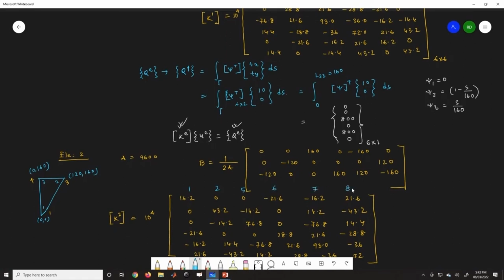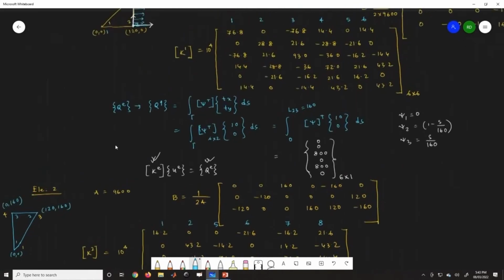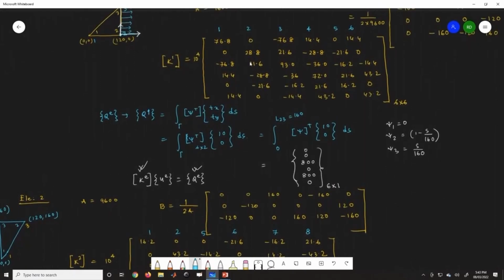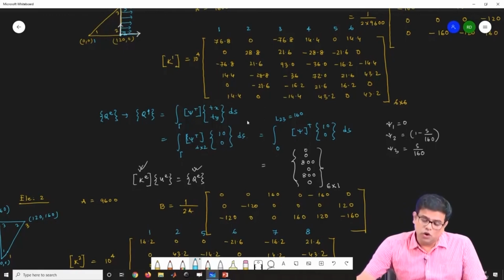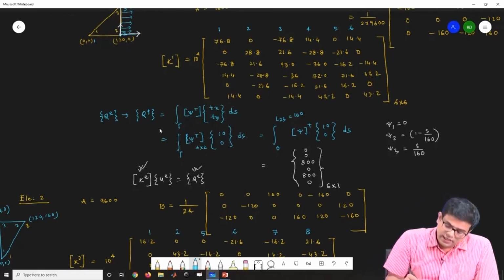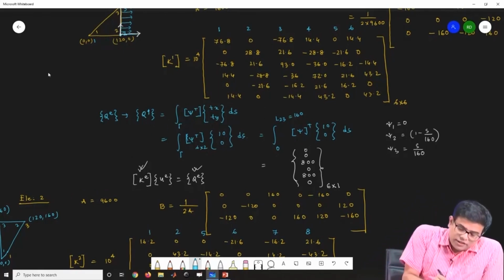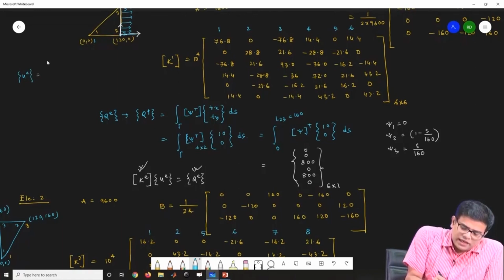Now according to these global and local degrees of freedom, similarly I can write 1, 2, 3, 4, 5. So the U vector for this element, the UE vector, will be something like this, that is U1, V1, U2, V2, U3, V3.